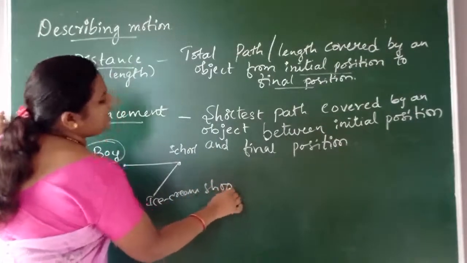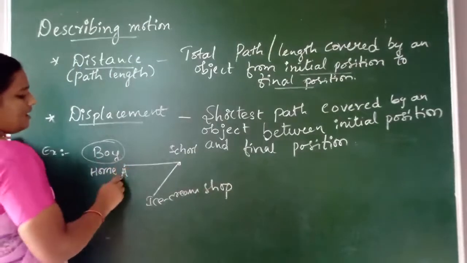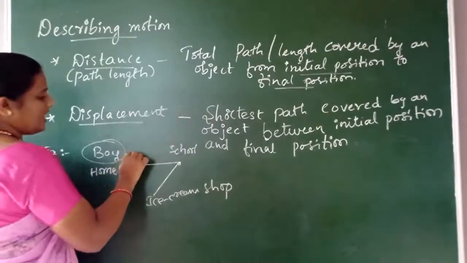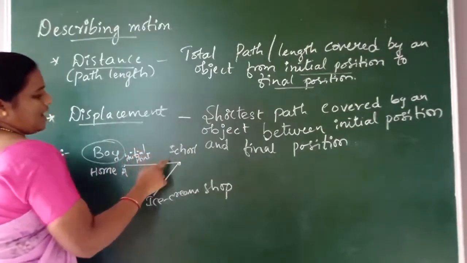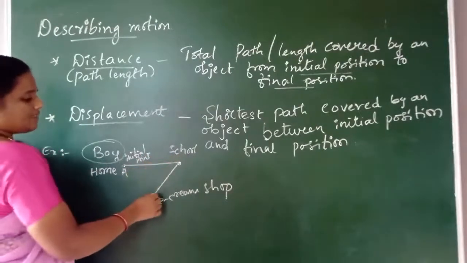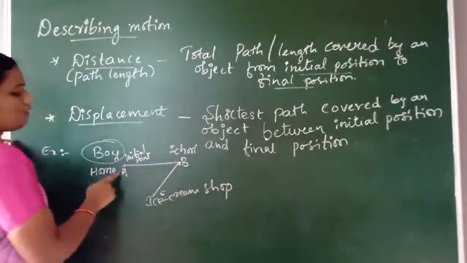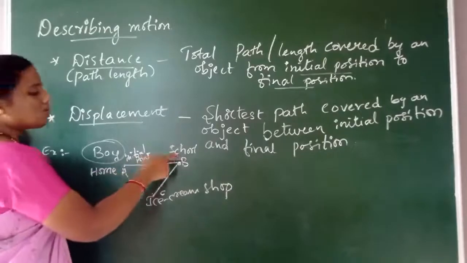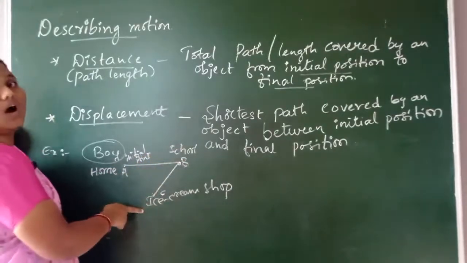So let me name this better. This is a home, the initial point. We call it as a initial point. And school, he'll travel. Then from school to ice cream shop. This is B and this is C, because he is moving from a initial point A to B point, nothing but a school, and from school to ice cream shop.